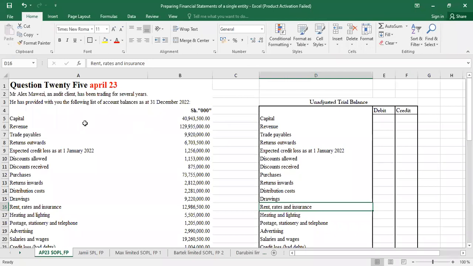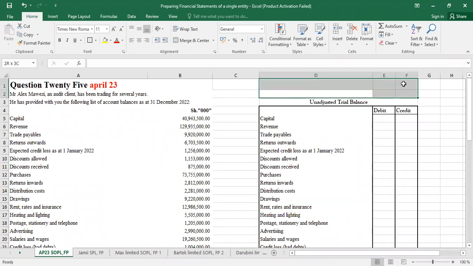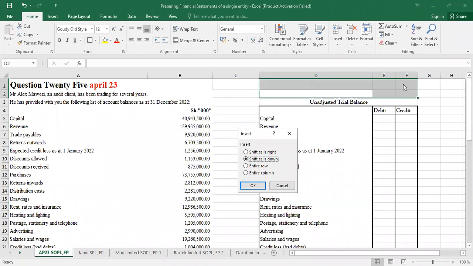So we are just using the accounts here. The capital. Capital, I told you, is a liability. Let me show you the trick here. After I've selected that one, Control Shift plus, I move the cells down.